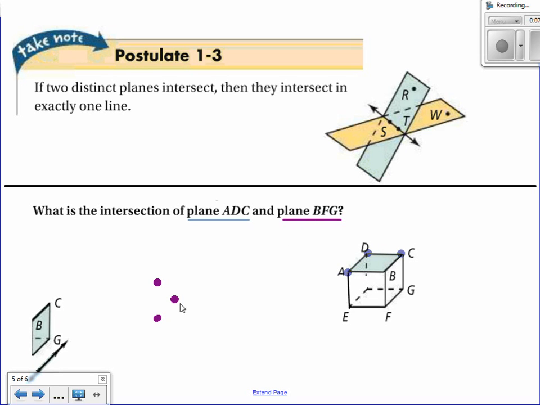Well, plane BFG is defined by points B, F, and G. That point, that point, that point. So maybe it's easy to see that that is actually the other side of the box. And once we shade those 2, it's fairly easy to see that those 2 planes intersect at exactly the line BC.